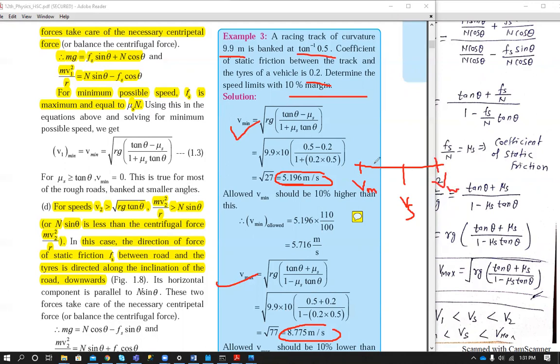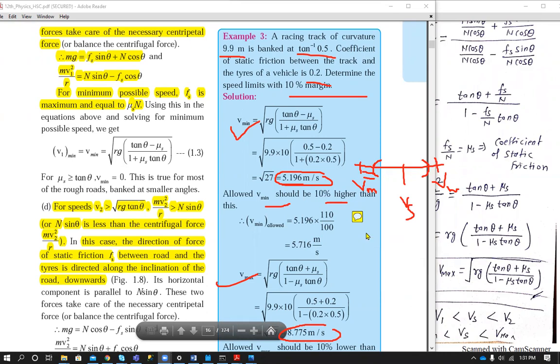So 10% margin means you stay within 10% of this minimum and 10% of this maximum. For V minimum you are increasing because it is on the minimum side, and for V maximum we are lowering. So always remember, for V minimum we add 10% of 5.196, and for V maximum we subtract 10%.